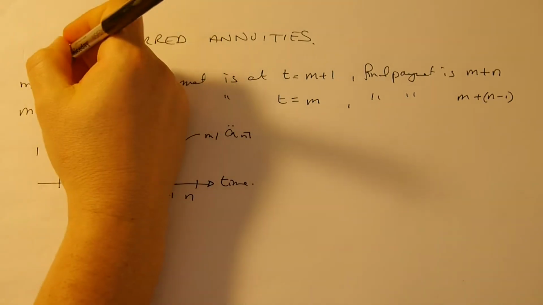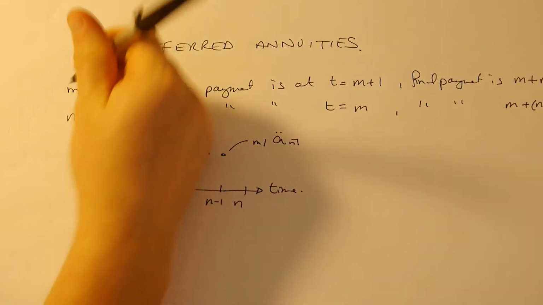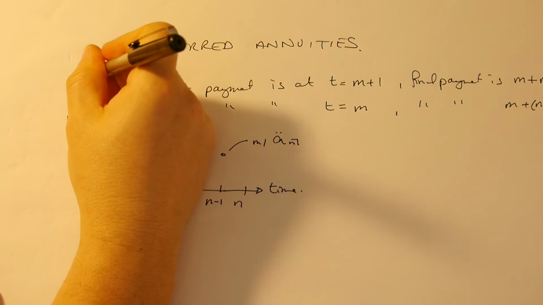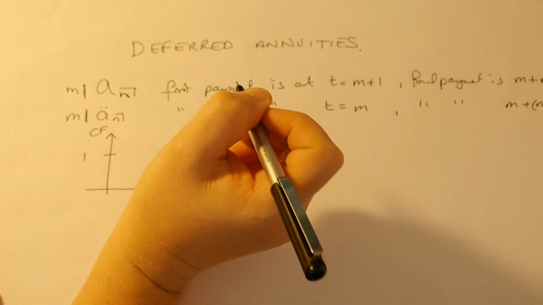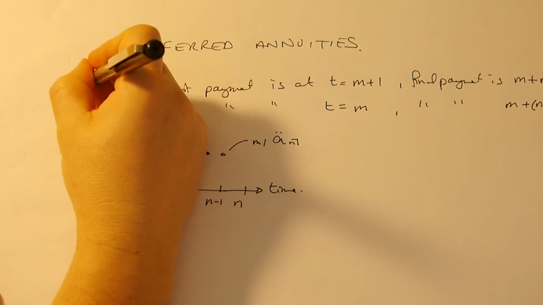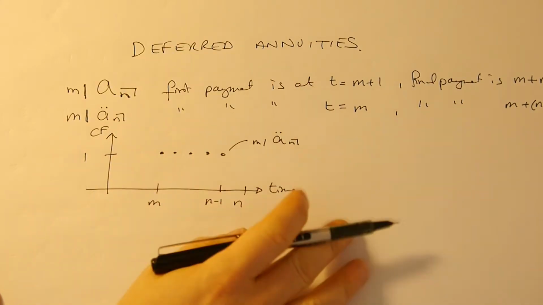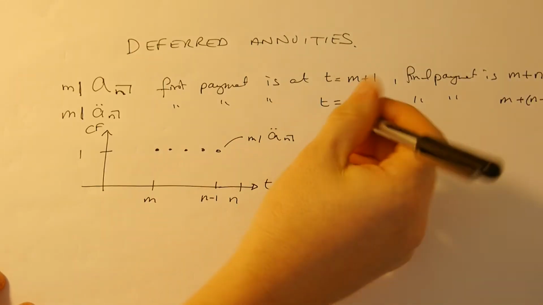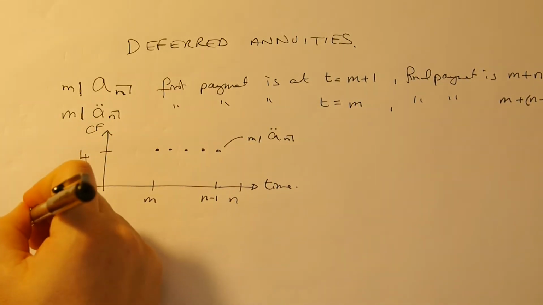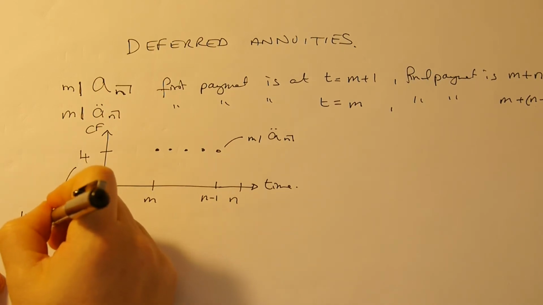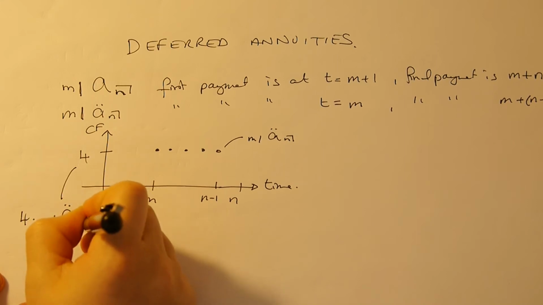So you have to be a little bit careful. I've had some students sometimes get in a muddle with that and think that this is an amount multiplied by the annuity. So be a little bit careful there. When you see this vertical line, that's the key thing to say this is a deferred annuity. Say, if these payments were 4, it would be written as 4 m vertical a double dot n in this case.